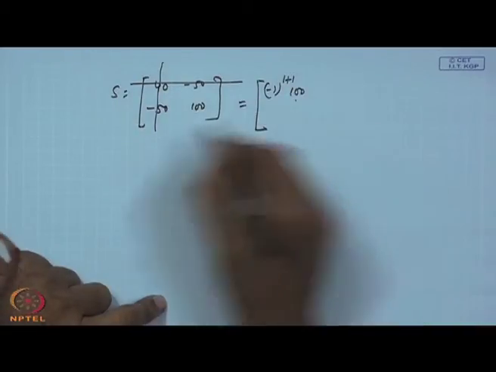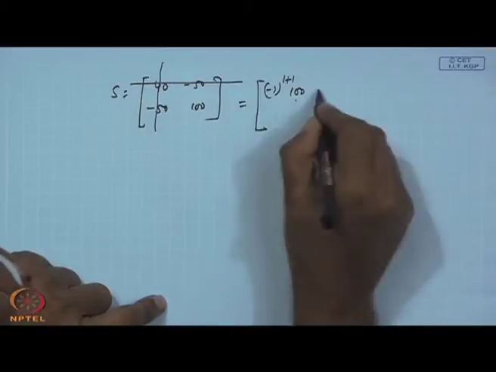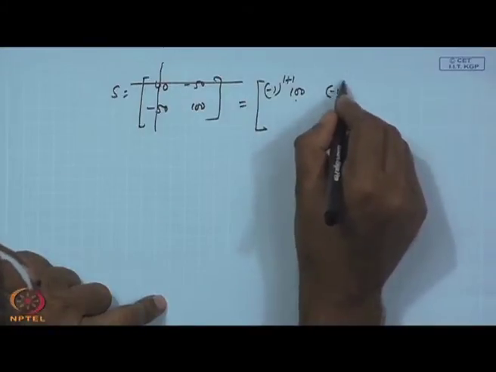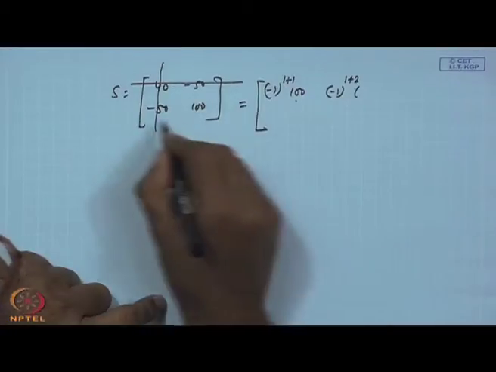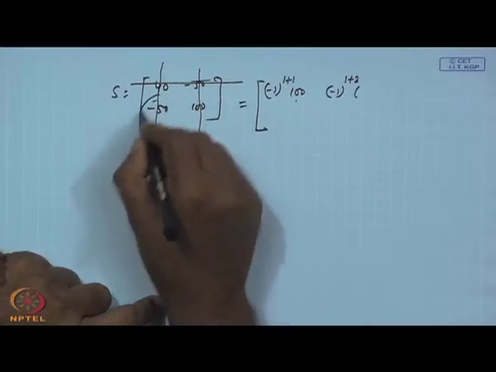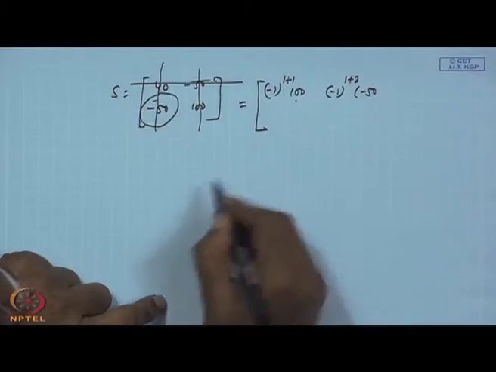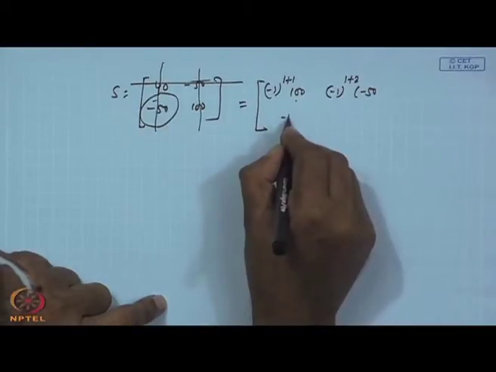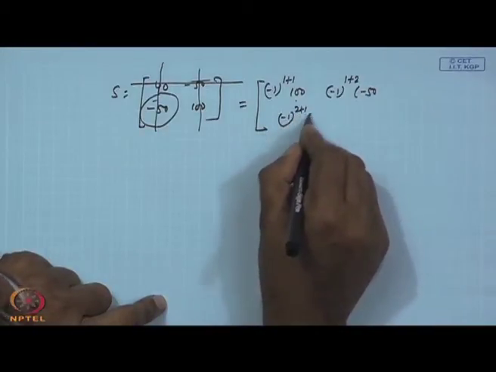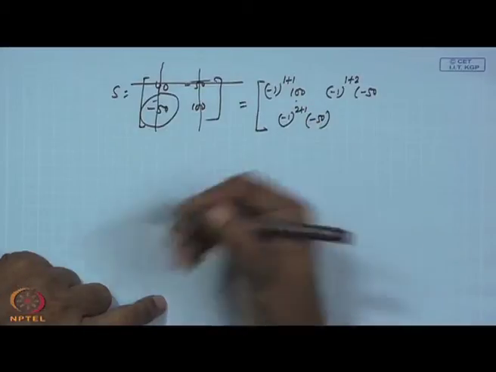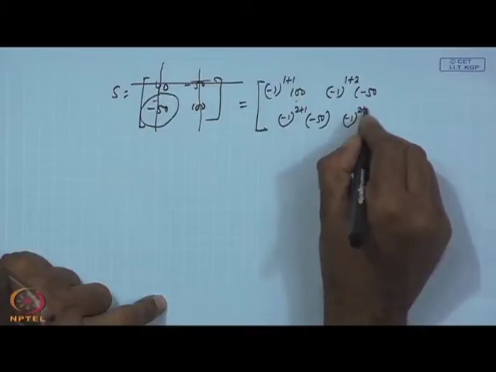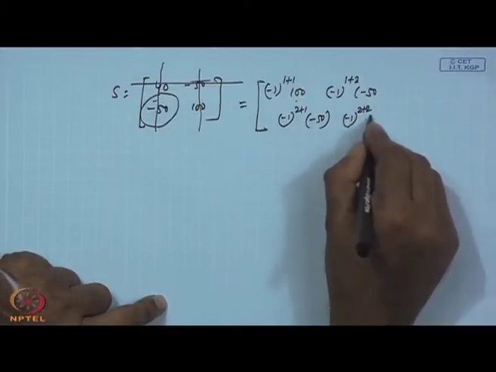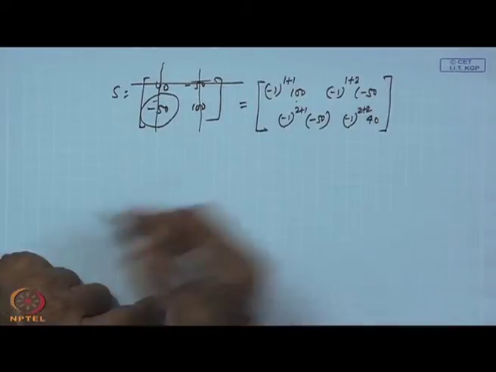In the same manner, for row 1 column 2, minus 1 to the power 1 plus 2, what remains is 50, and for row 2 column 1, minus 1 to the power 2 plus 1, the remaining portion is 50, and for row 2 column 2, minus 1 to the power 2 plus 2, the remaining portion is 40.